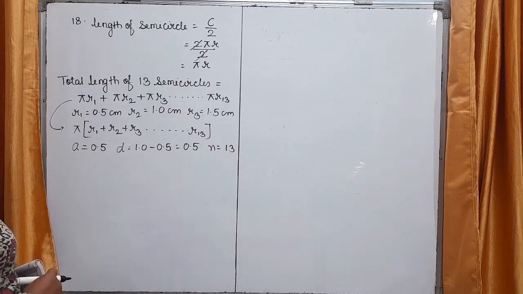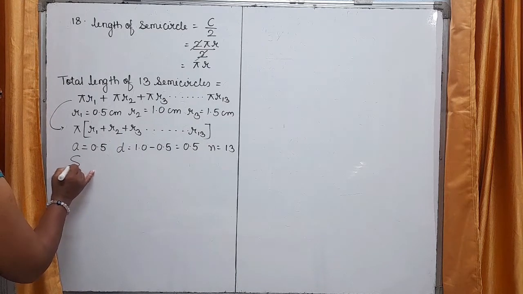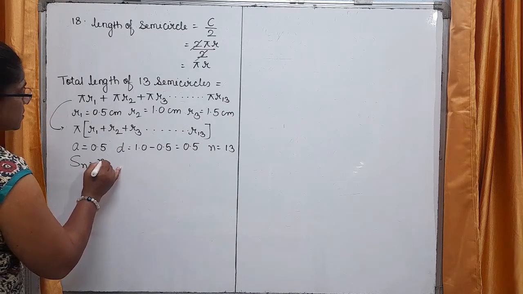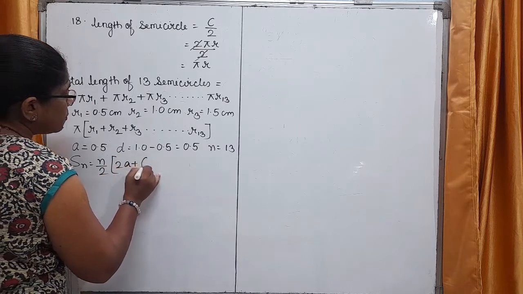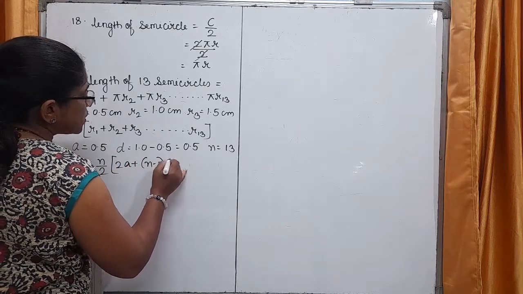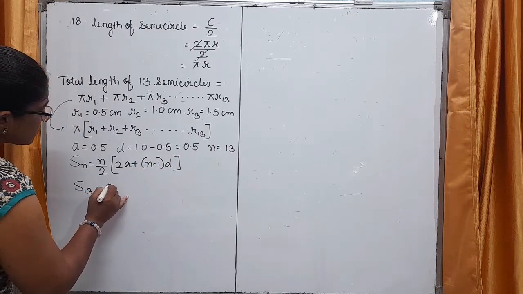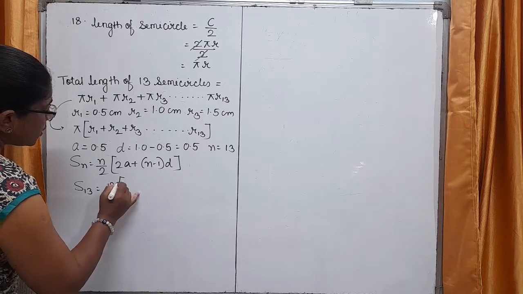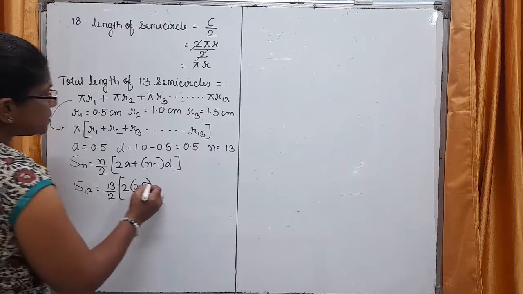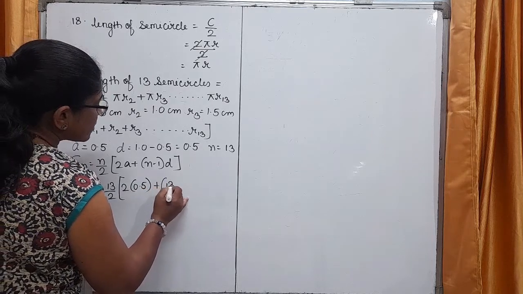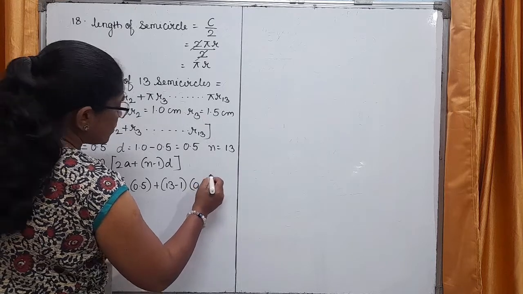So let's find the sum of these 13 terms. Sn is n upon 2 into the bracket 2a plus n minus 1 into d. Here we have 13 terms, so 13 upon 2 into the bracket 2 into 0.5, since our a is 0.5, plus 13 minus 1 into 0.5.